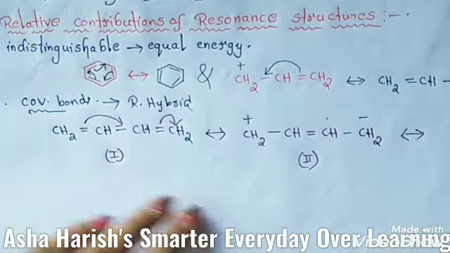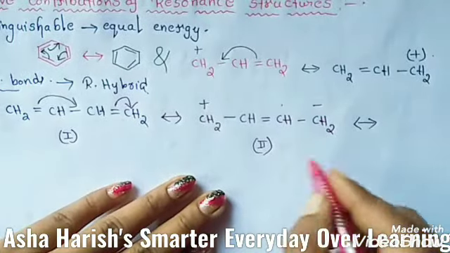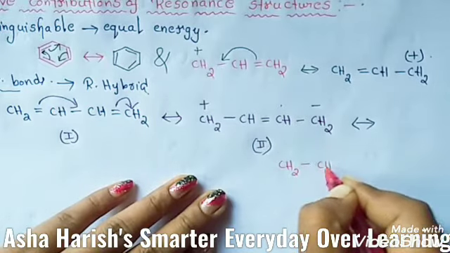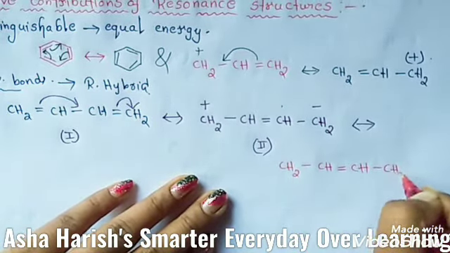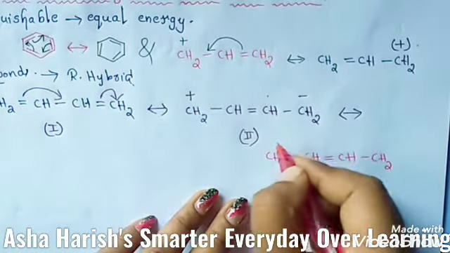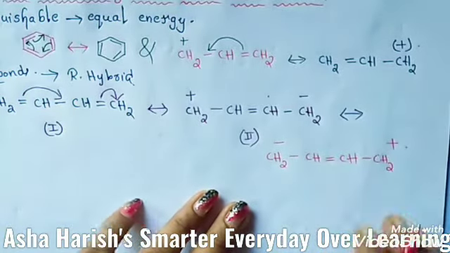From this, CH2 single bond CH double bond CH CH2, we can represent it just by shifting these plus and minus like this, here minus here plus, these two are the same.